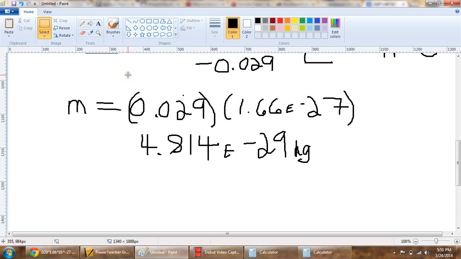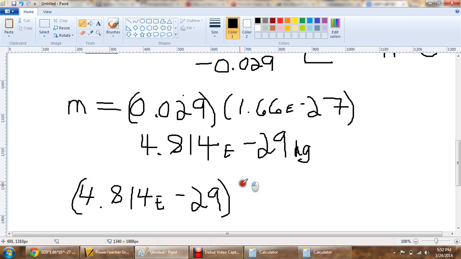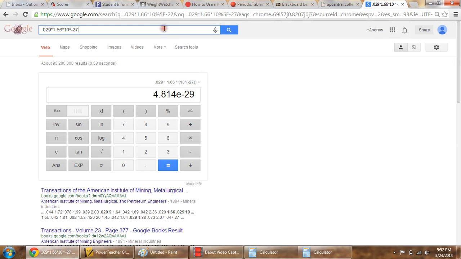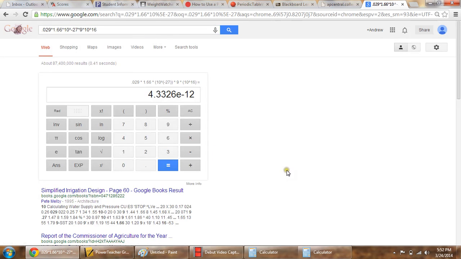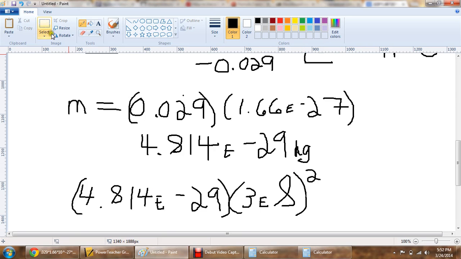So we'll take our 4.814 E negative 29 and multiply it by c squared, or 9e16. It's 4.33 E negative 12 joules.